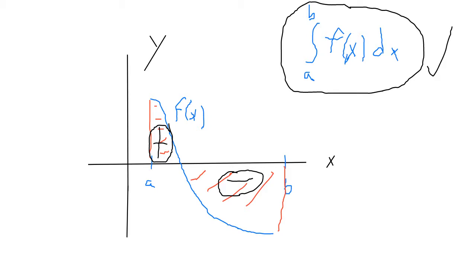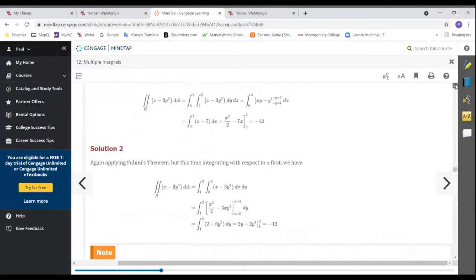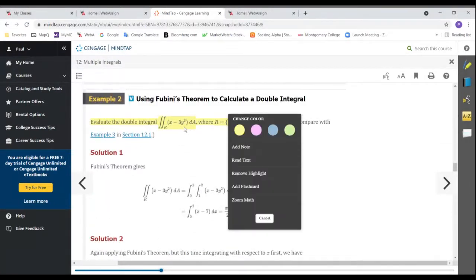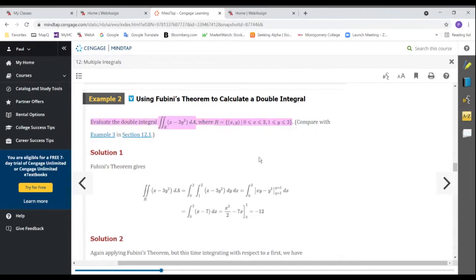Let me go back to this problem, example 2, where we're trying to find this integral.